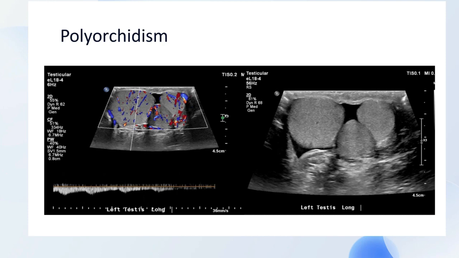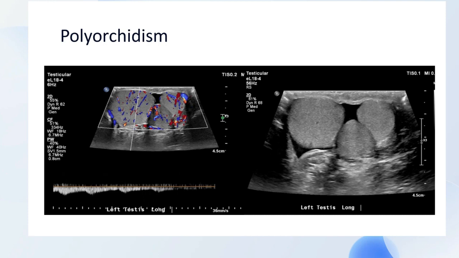The last aspect that I want to discuss with you, before you go to your respective departments and try to implement what I am discussing now, is polyorchidism. Polyorchidism is not a pathology per se. It's just a condition whereby someone is born with more than two testicles. They can have three or four testicles, just a congenital abnormality. You can see here 1, 2, 3.